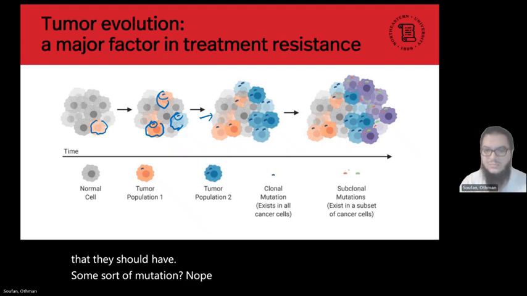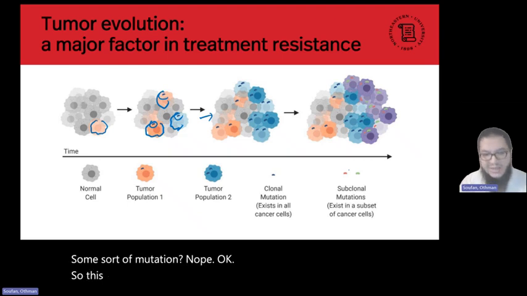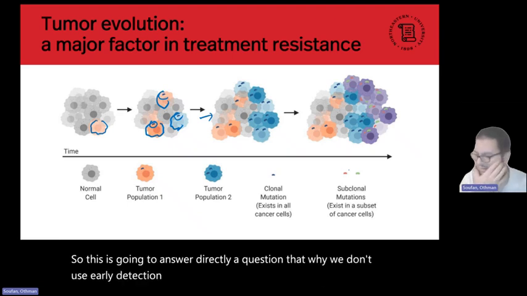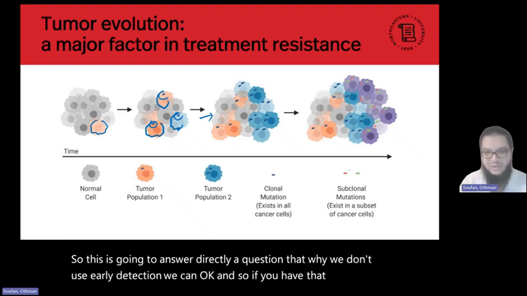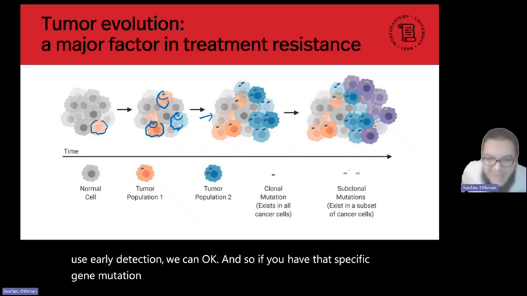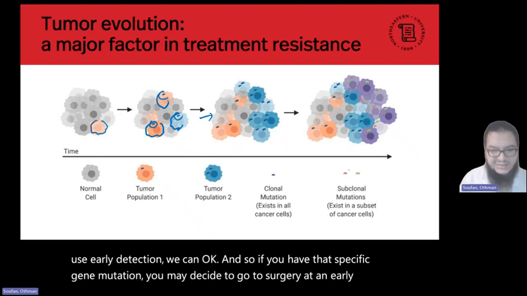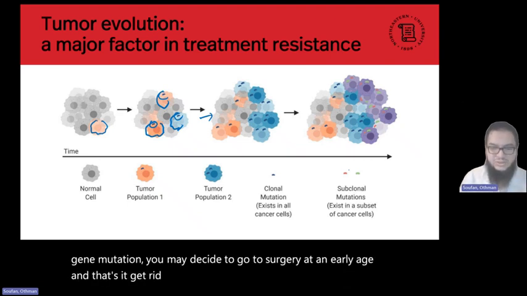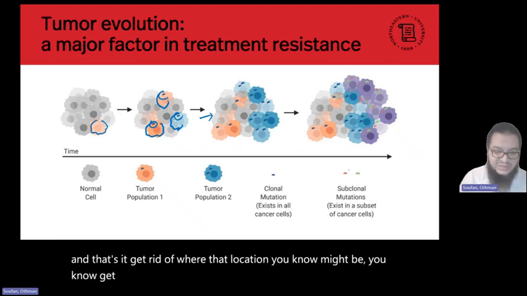Okay. So this is going to answer directly a question of why we don't use early detection. We can. Okay. And so if you have that specific gene mutation, you may decide to go to surgery at an early age, and that's it. Get rid of the location where the disease might hit.